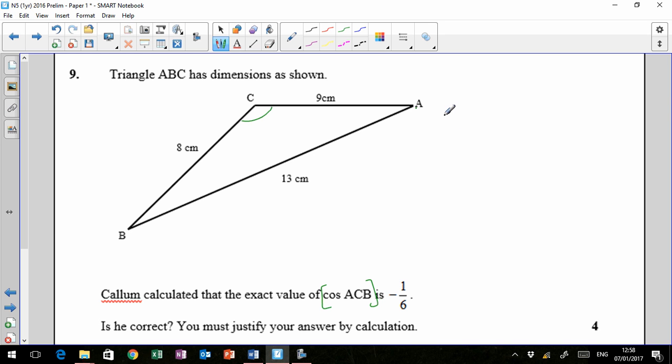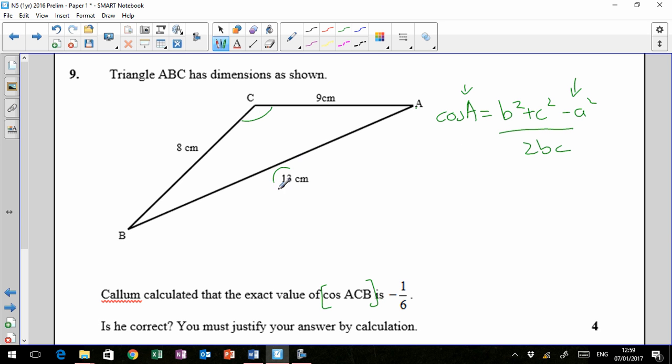Now you have 3 sides and you're finding out something to do with an angle. Okay, you're going to be using your cosine rule, which from your formula sheet is this. Cos A is equal to b squared plus c squared minus a squared, all over 2bc. Okay, it's finding something to do with an angle and it uses all 3 sides. The only trick with this one is if you're looking for angle A, side a we know is going to be opposite the angle A. So the one opposite the thing we are working with goes at the end.